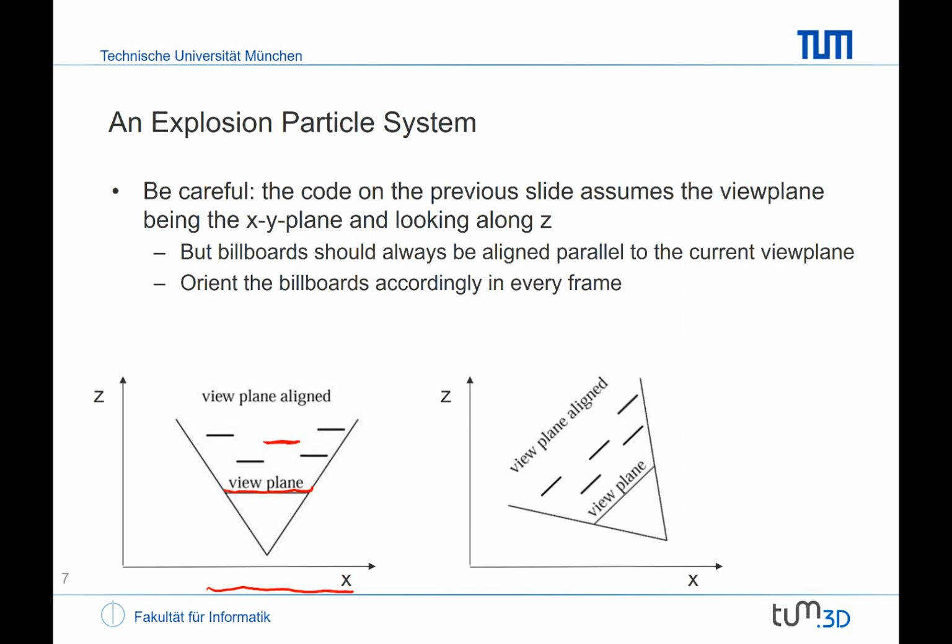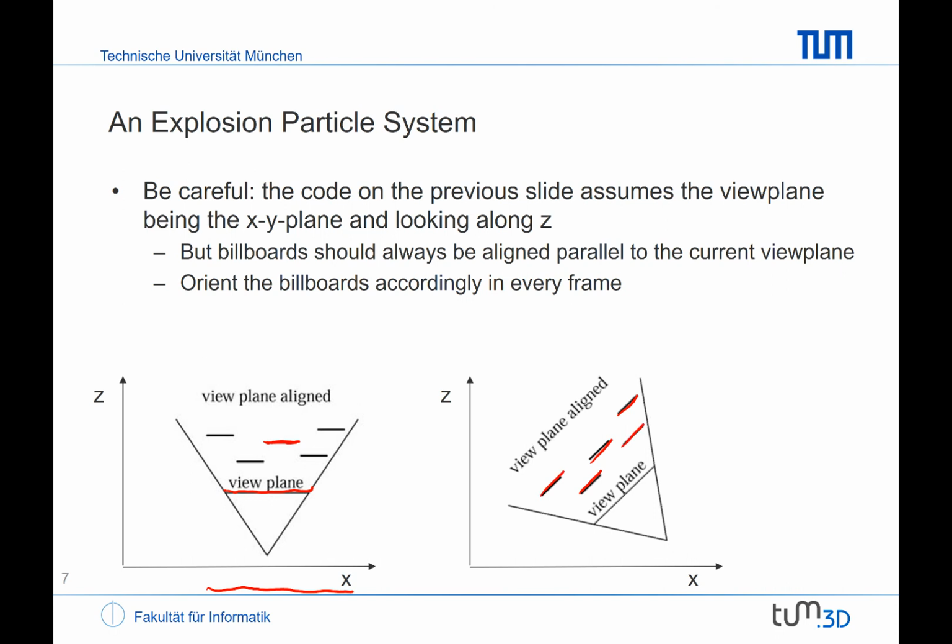However, if I now look onto the billboards from a different orientation, then I want to have the billboards oriented as I see it here on the right hand side.